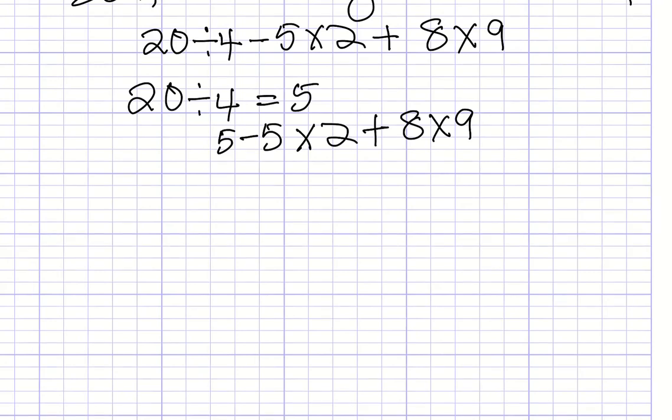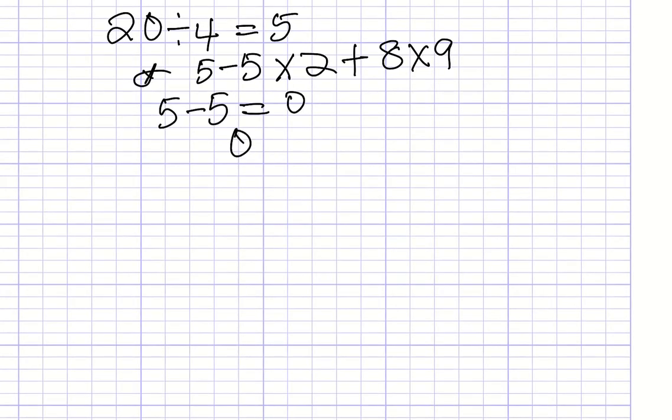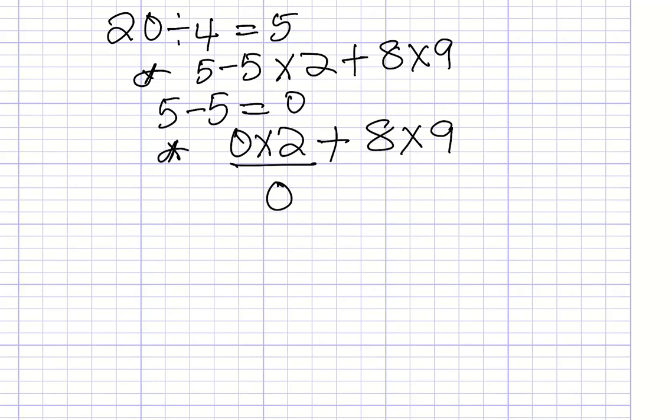Okay, so we keep walking from left to right. 5 minus 5 is equal to 0. And then we write the problem: 0 times 2 plus 8 times 9. What do we get right here? We get 0. So we write this as 0 plus 8 times 9.